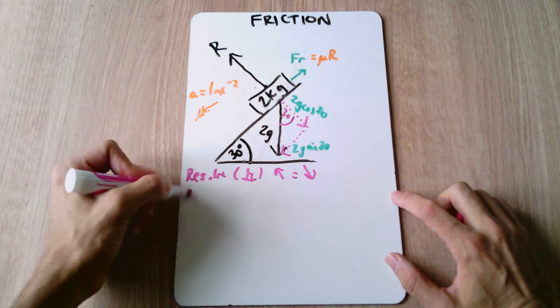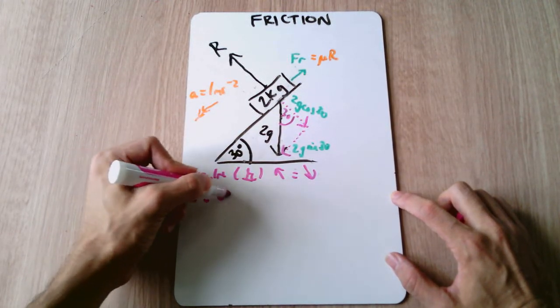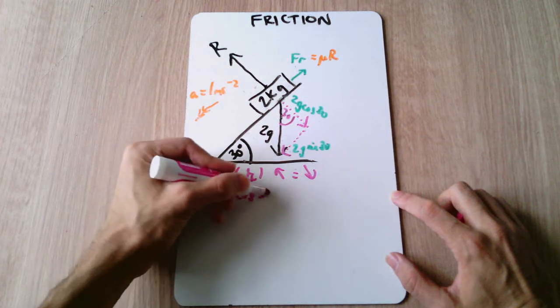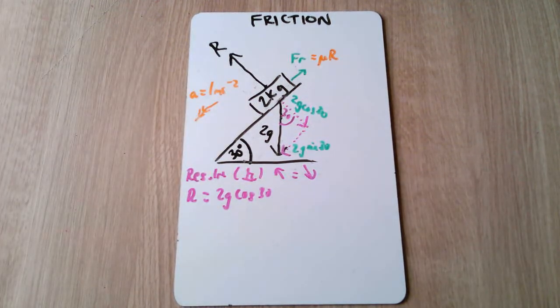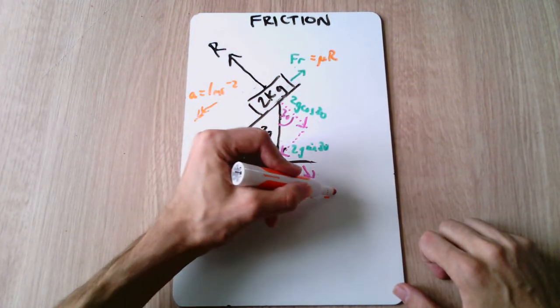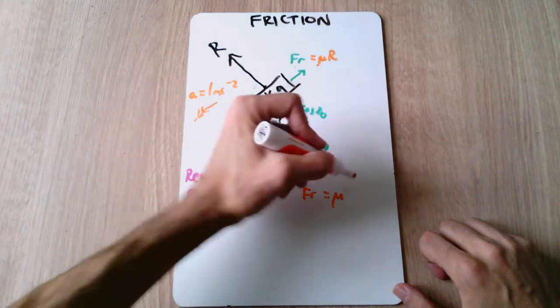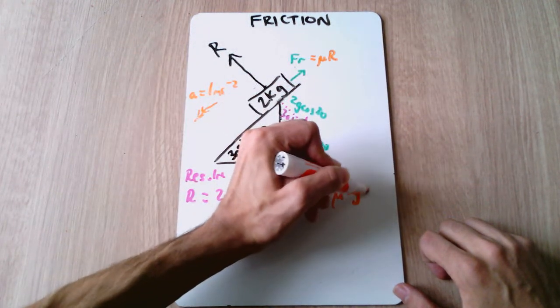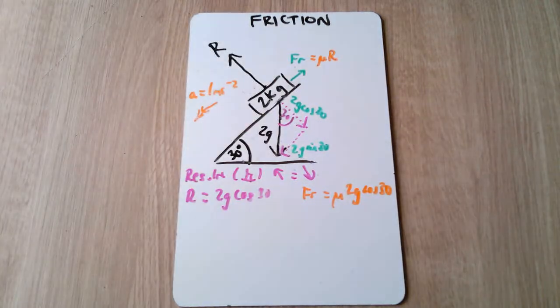And we can say, therefore, that R is equal to 2g cos 30. Now, because we said this is accelerating, we can also say, therefore, that friction is equal to mu times the value of R, or mu times 2g cos 30.